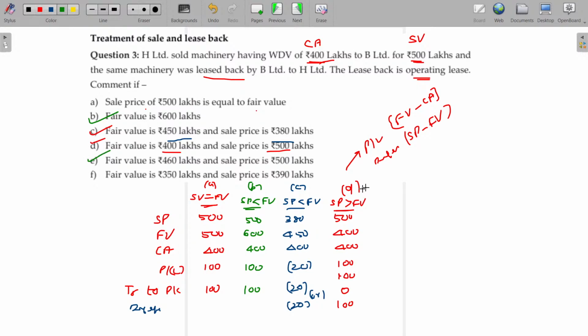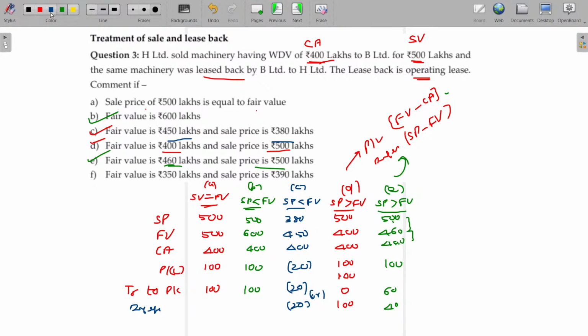Scenario E. The fair value 460, sale price 500, carrying amount 400. As sale price is more than fair value, you follow the same procedure. The profit being the difference between 500 and 400, 100. How much can you recognize? The amount recognized in the P&L account is the difference between fair value and carrying amount, 60, and the difference between 500 and 460 can be deferred. Clear?